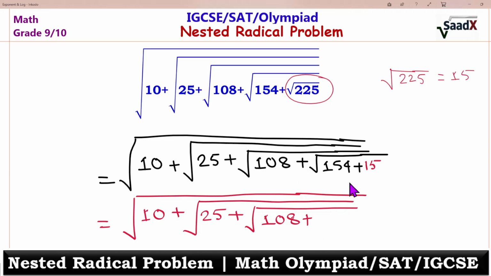Plus. Now look, this is a root 154 plus 15, so it will be root 169. Okay, 154 plus 15, it will be root 169.